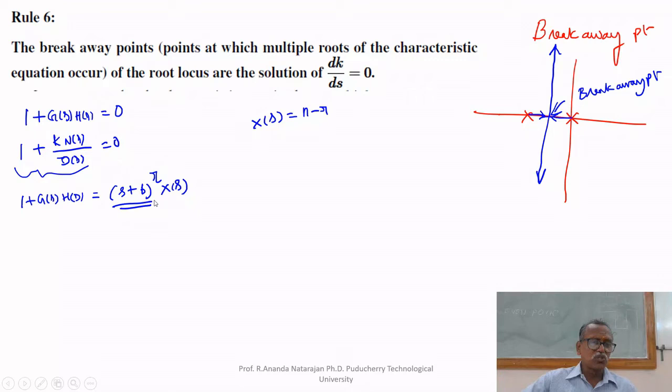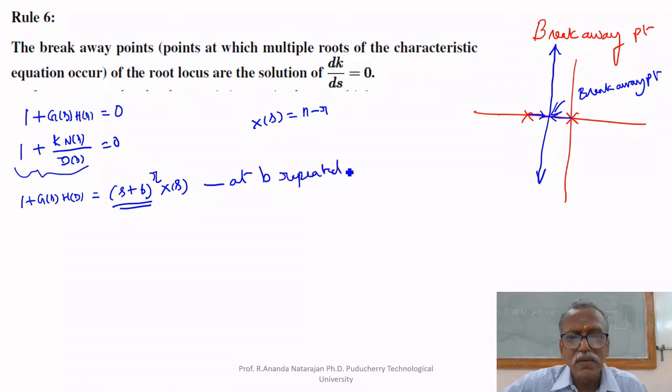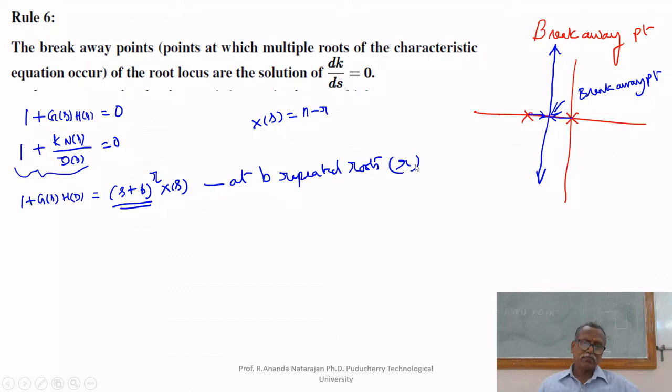So, there are r repeated roots at minus b.